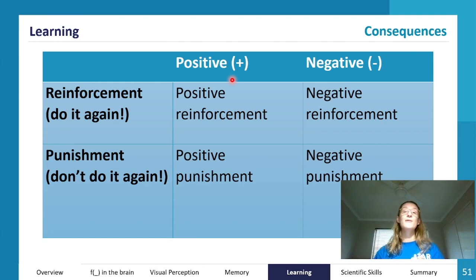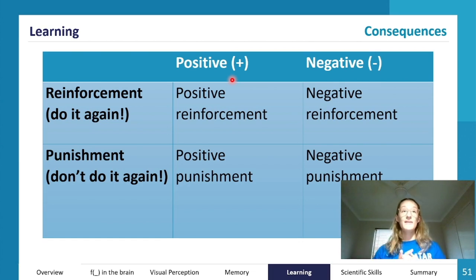Keep in mind that when we're talking about operant conditioning, a consequence isn't a bad thing. A consequence might not be timeout. A consequence can be iPad time. A consequence is just referring to the stimulus, the outcome that's trying to shape the behavior.